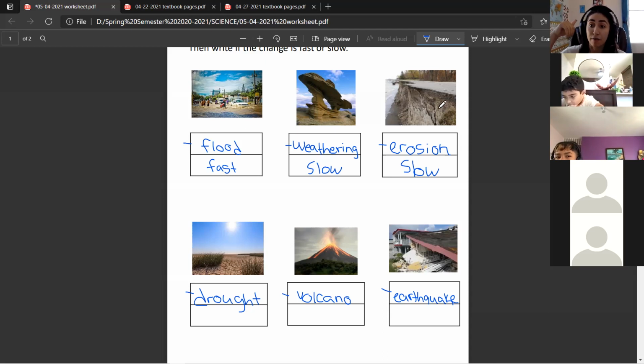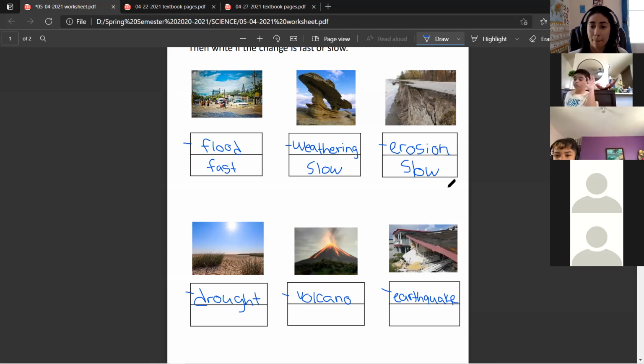It's falling off because you have wind or water slowly moving away that soil and slowly moving away that rock. In Guanica? Yes, I'm talking about the earthquakes.